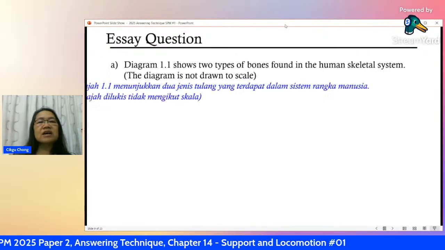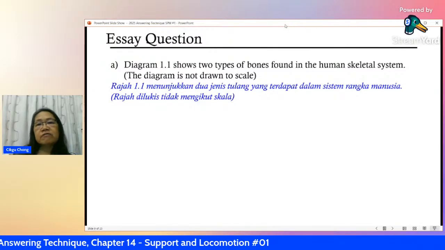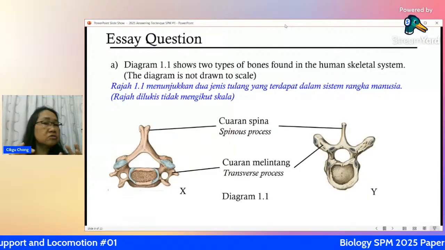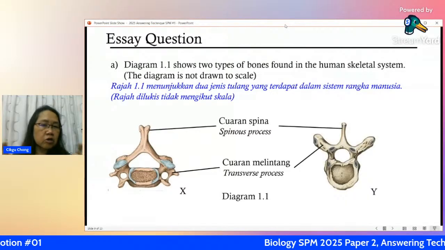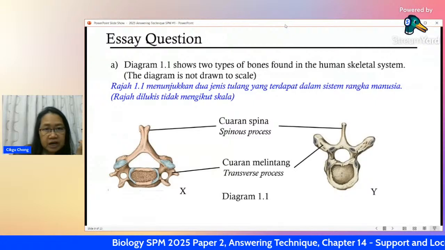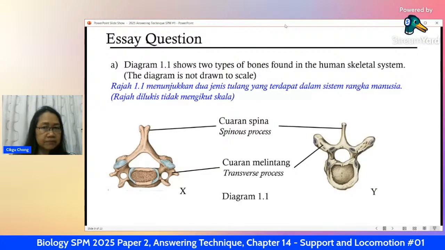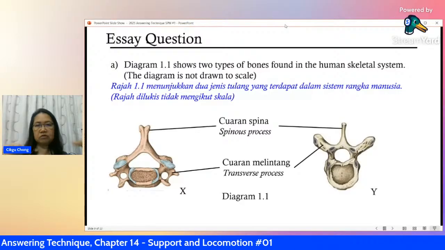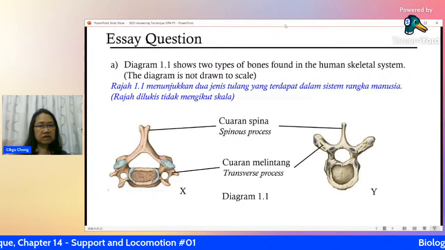Okay, now this is 2 types of bones found in the human skeletal system. The diagram is not drawn to scale. That means you cannot compare side by side. Maybe one of them is larger, one is smaller. The one at X is actually smaller. The one at Y is actually bigger, but you can't see that from the diagram because of the magnification and all that, it looks almost the same.